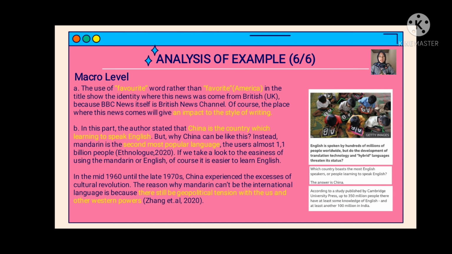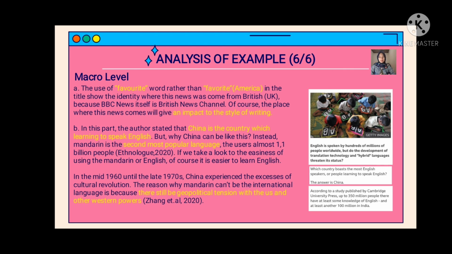In this part, the author stated that China is the country learning to speak English. But why is China like this? As we know, Mandarin is the second most popular language, with almost 1.1 billion users, stated by Ethnologue 2020. If we look at the easiness of using Mandarin or English, of course it is easier to learn English. But why do Chinese people tend to learn English the most, more than other countries?